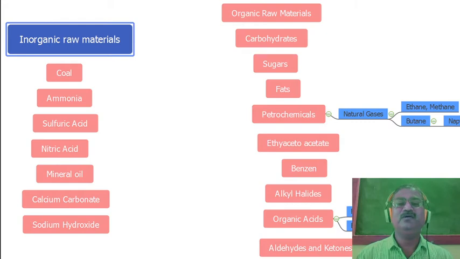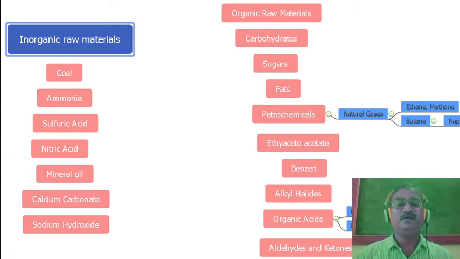Then different sugars, that is sucrose, glucose, fructose, lactose, maltose, are also organic raw materials. Then third, fat obtained either from plant origin or from animal origin, right? Fat material is also used as a raw material, and particularly these fats are elongated chains of fatty acids. Fatty acids are considered.